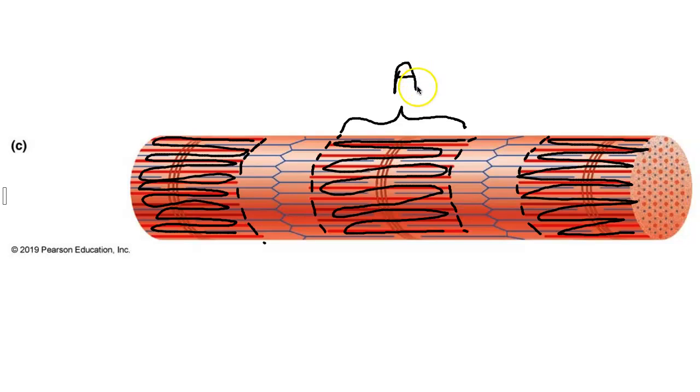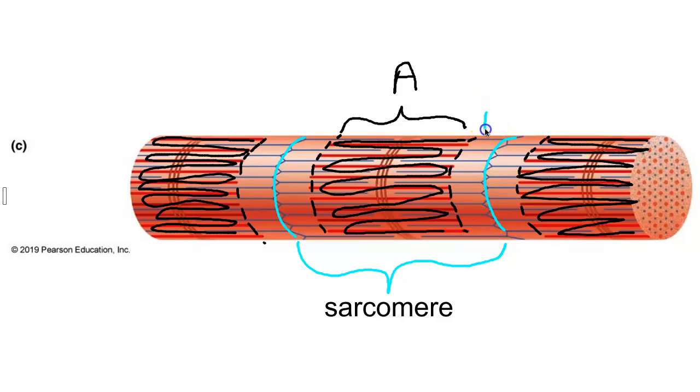Now let's take a look at what doesn't appear dark. Here's the boundary of one sarcomere to the next, right? So this is one sarcomere. I can see that the lateral parts of neighboring sarcomeres do not contain thick filaments, and in that region, it appears light.